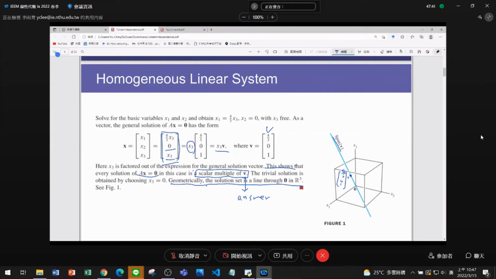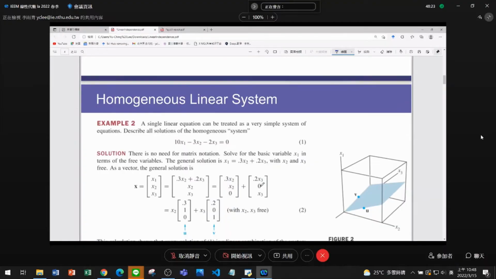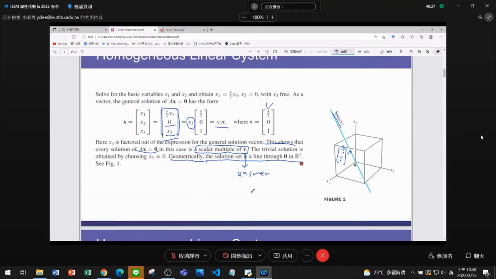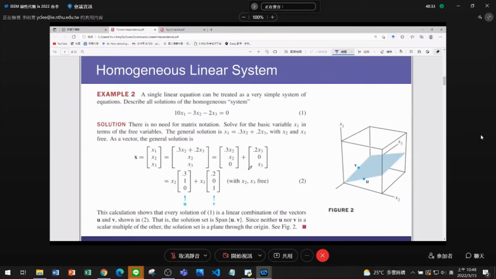Do you have any questions for this example? 好，没有问题的话，我们再往下看下一个 example 哦。那这个操作有一点小复杂，不过呢，因为我们有好几个 example，所以看完 example 之后可能会比较理解一点。Okay, in example 2, we have a single linear equation.